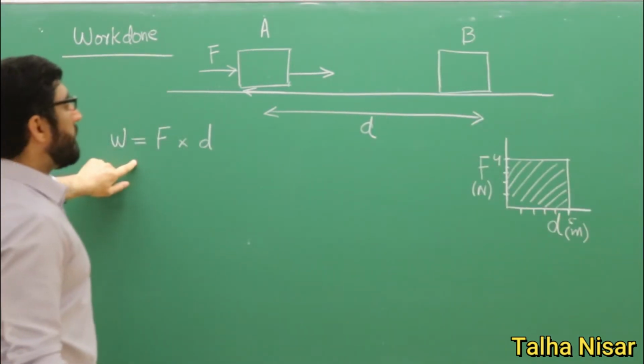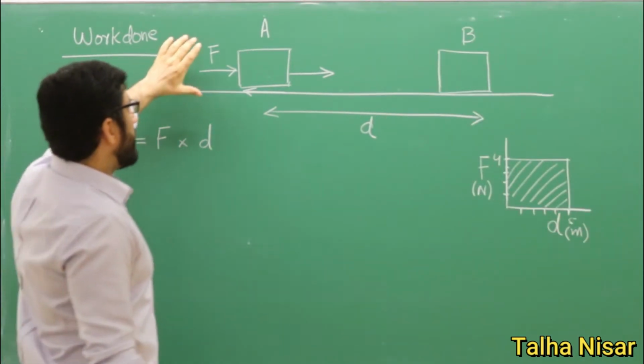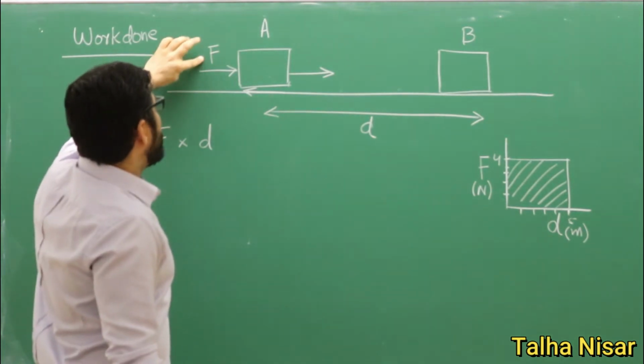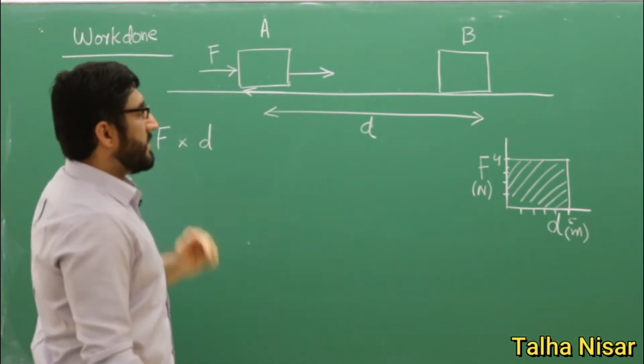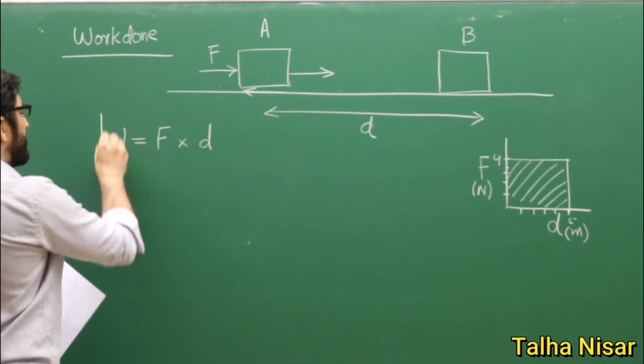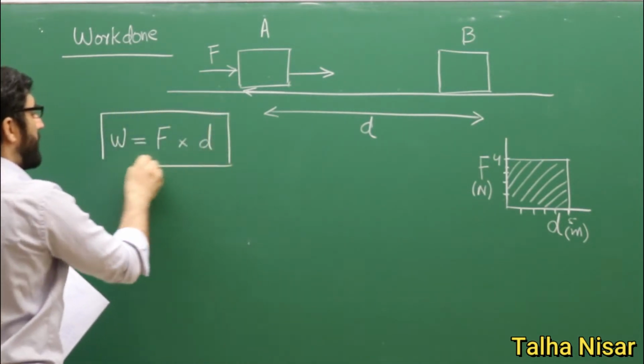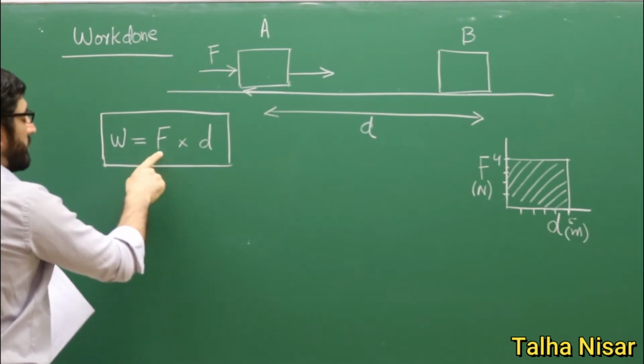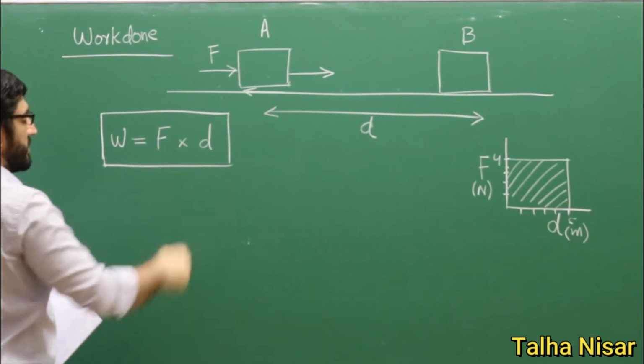Now this is the simple form, when the angle between the force and the displacement is 0, so we can simply write that work done is the simple multiplication of force and displacement.